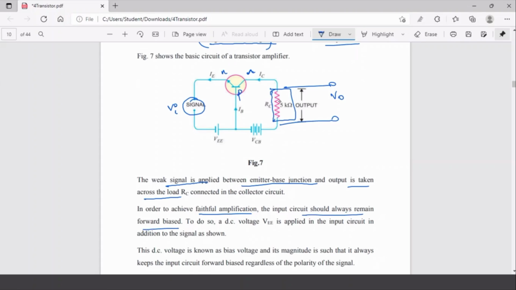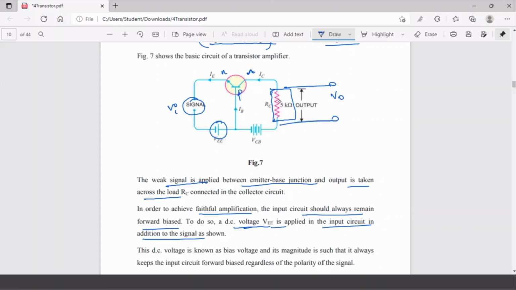To keep this in forward bias condition, we always apply a biasing voltage here. Maybe this signal is not enough for keeping this diode always in forward bias condition, so we apply a voltage VEE. That keeps this PN junction always in forward bias condition with this polarity. So this DC voltage VEE is applied in the input circuit in addition to the input signal, right?